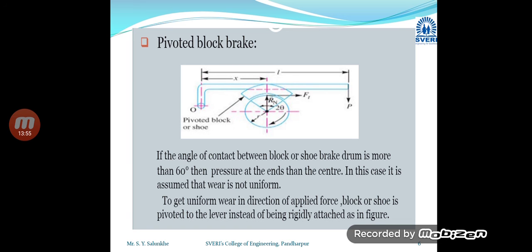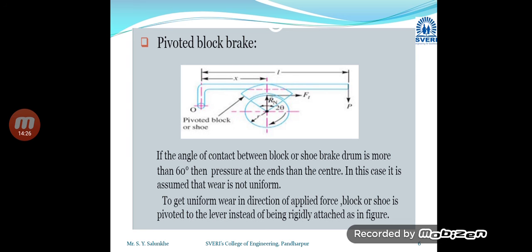Here the block is connected to the lever, with an angle of wrap more than 60 degrees, and the lever is pivoted at a stationary point. An external force P is applied on the lever so that it creates friction between the rotating drum and the comparatively stationary block.